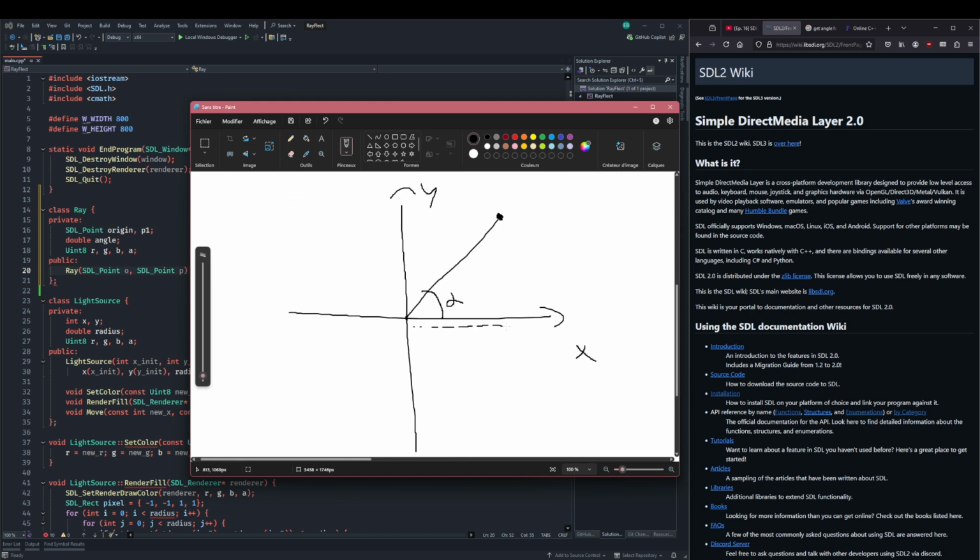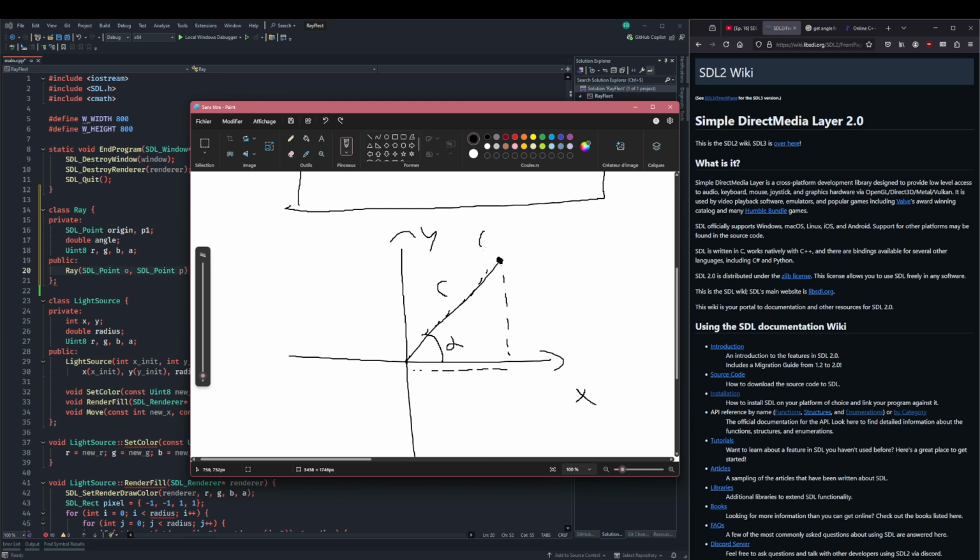Well, this distance and this distance, we know them. This is a radius. Let's call it y1, and this is x1. Actually, let me come back here.